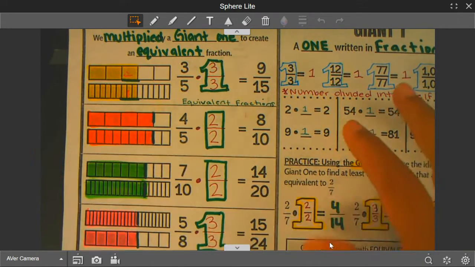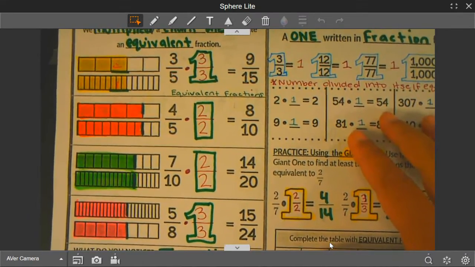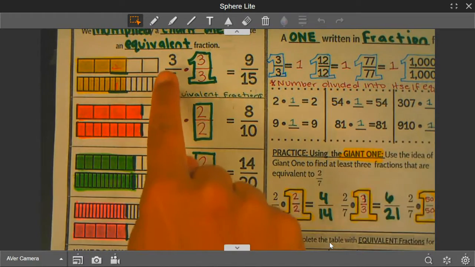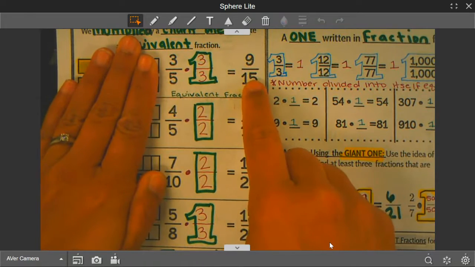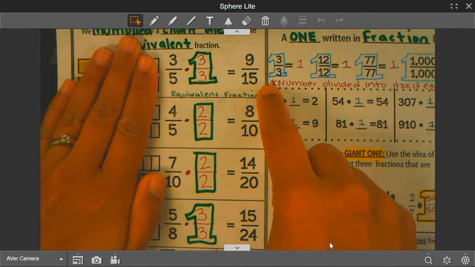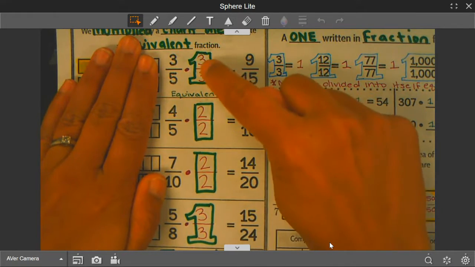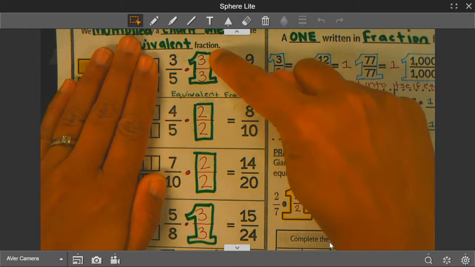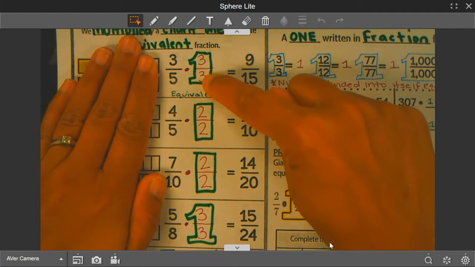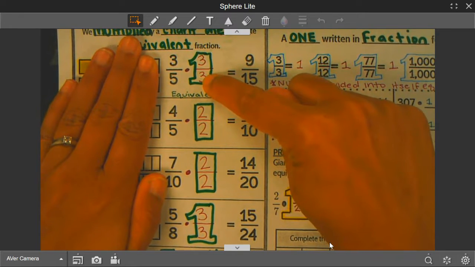Without the diagram, you noticed that to create equivalent fractions, we multiplied by fractions that had the same number on top, the numerator, and the same number on the bottom, the denominator.